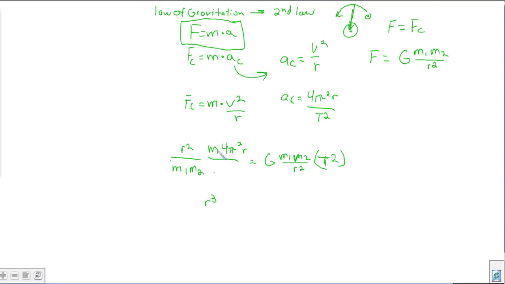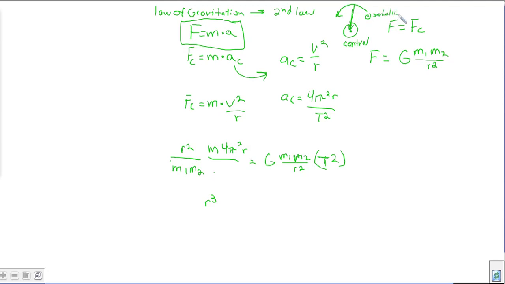Now what about the masses here? In this particular formula, let's say that m1 is the mass of the object and m2 is the mass of the central body. So you have a central body here, and this is the one that is being orbited around, and let's call this a satellite.